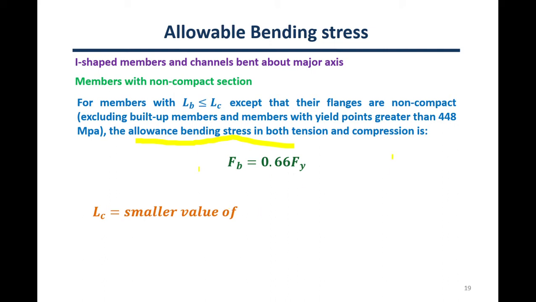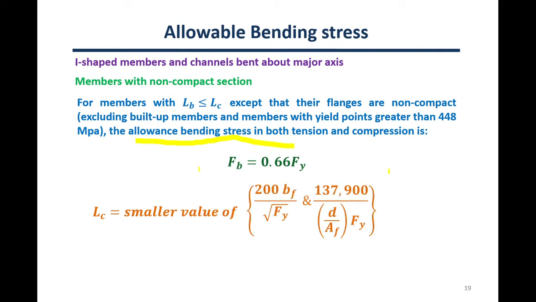Lc is the smaller value of 200 bf over square root of Fy and 137,900 over d over Af multiplied by Fy.